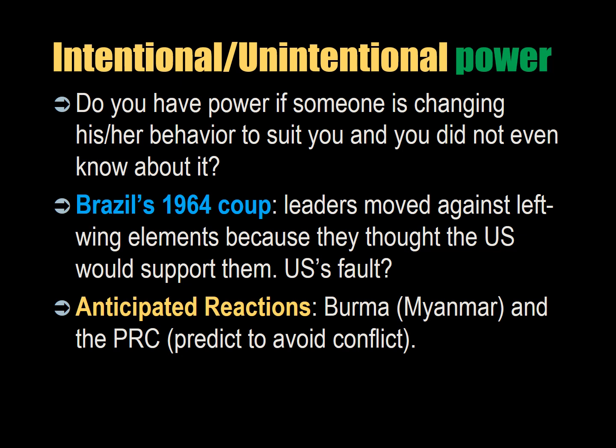Did the US cause the Brazilian military leaders to hold the coup? That's a difficult problem, and it's not easily answered, but it's the kind of distinction we want to make, that perhaps this is unintentional power, where the US advertised a particular political position and influenced other actors to change their behavior, but the US didn't ultimately intend the outcome that occurred to happen.